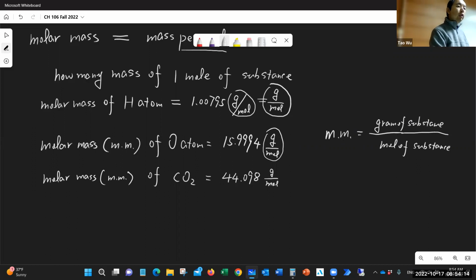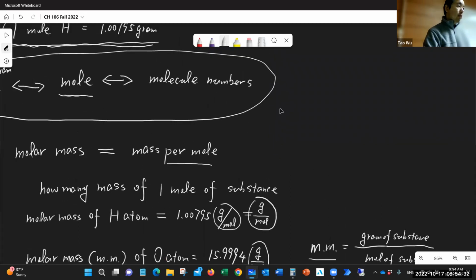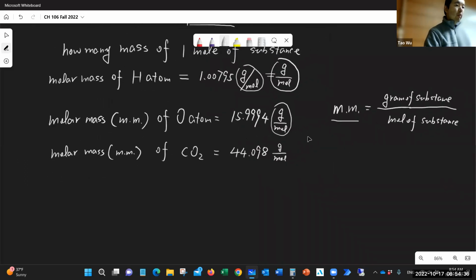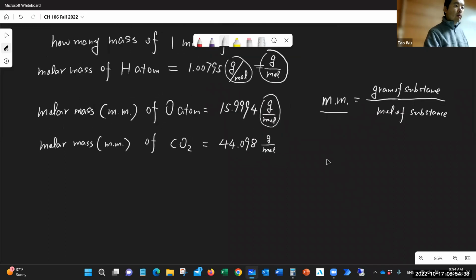If you know the gram of a certain substance, you divide by how many moles of the substance there are, then you will figure out the molar mass. This is the concept of molar mass.